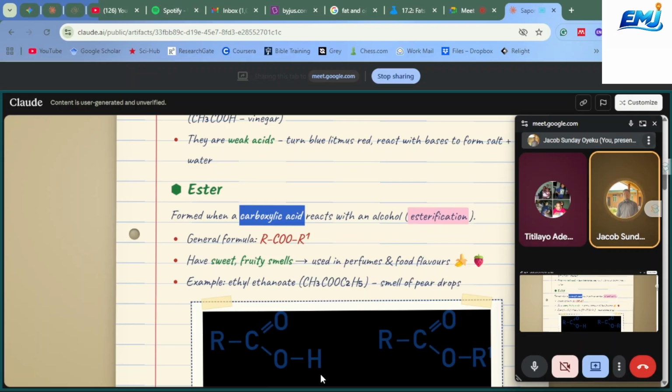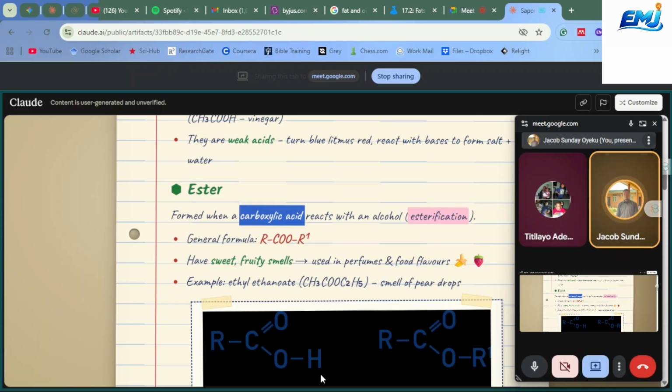Right? Okay. So what is an ester? When a carboxylic acid and an alcohol react, they result in what you call ester. And the general formula for ester is RCOOR.